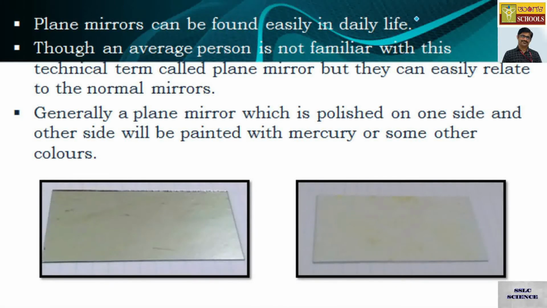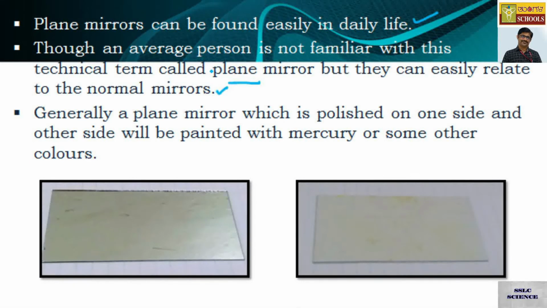Plane mirrors can be found easily in daily life. Though an average person isn't familiar with this technical term called plane mirror, they can easily relate it to the normal mirrors.